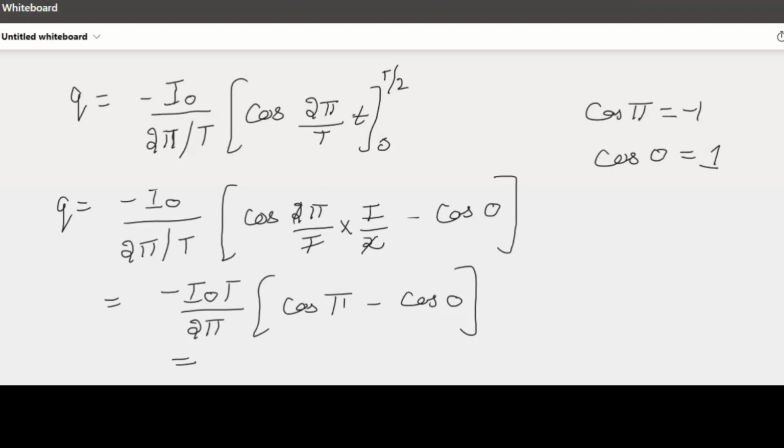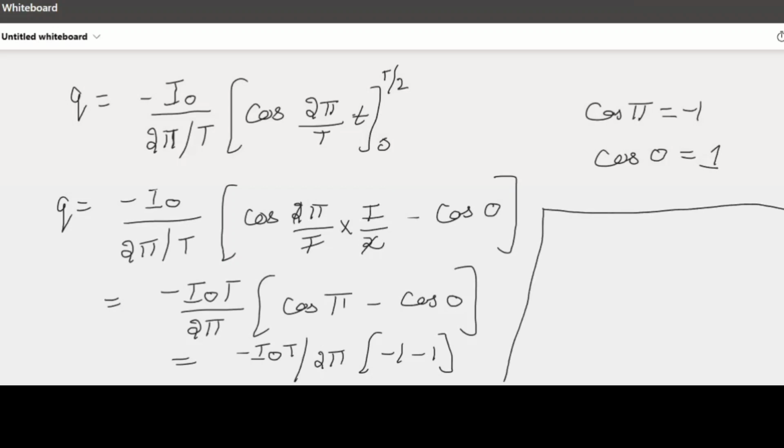So we have the expression minus of I naught T divided by 2 pi, in the bracket minus 1 minus 1. So we are now getting closer to the final answer, which is Q is equal to minus I naught T divided by 2 pi multiplied by minus 2.